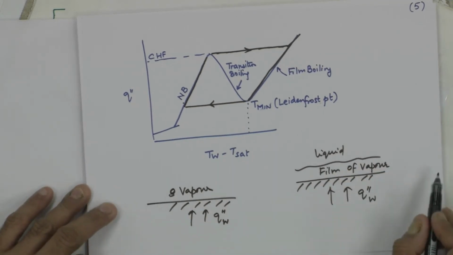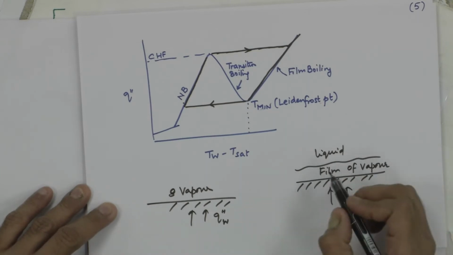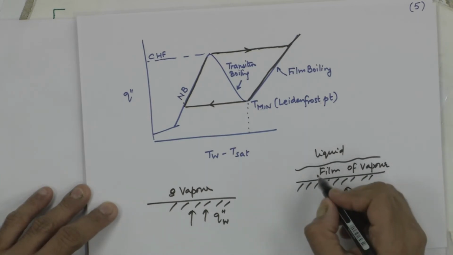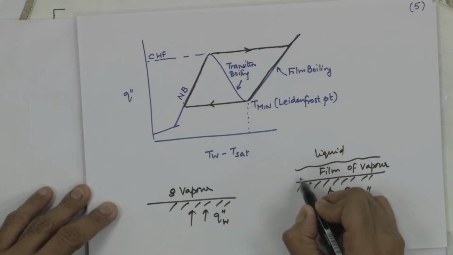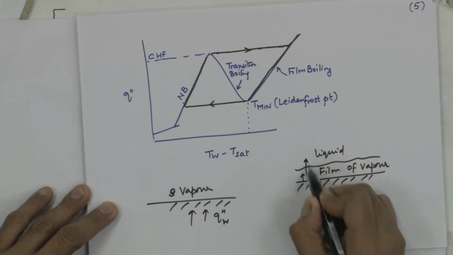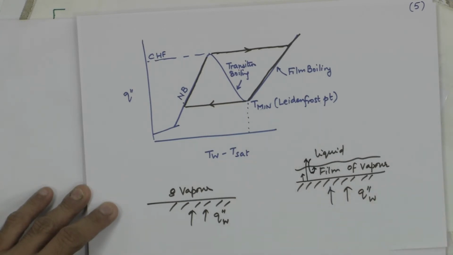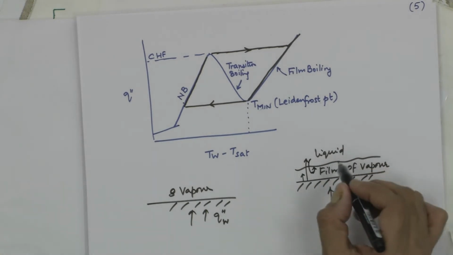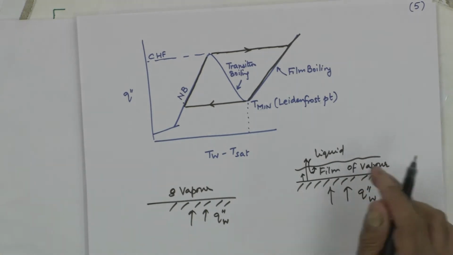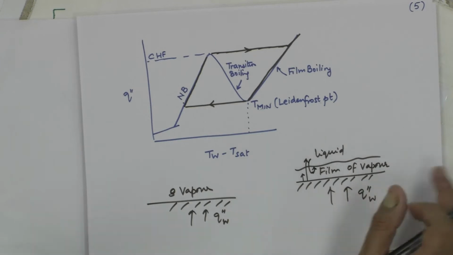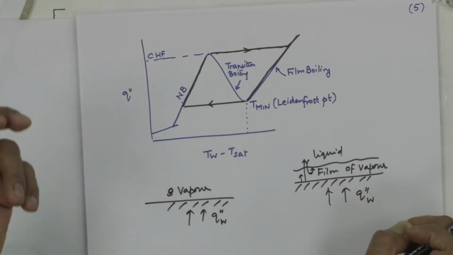This becomes a little difficult to analyze because you have multiple paths for heat transfer: sensible heating of the liquid, sensible heating of the vapor, and some amount of liquid gets converted to vapor at the interface. So, there has to be a budget for that also. How much is going to get converted would dictate the growth of the film.